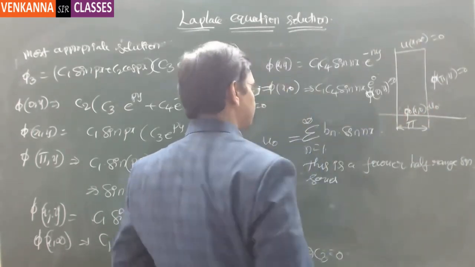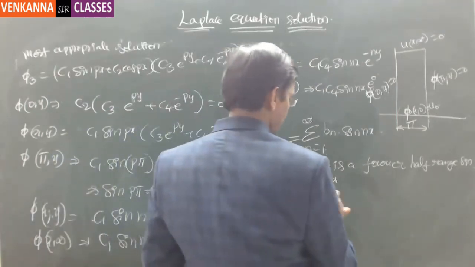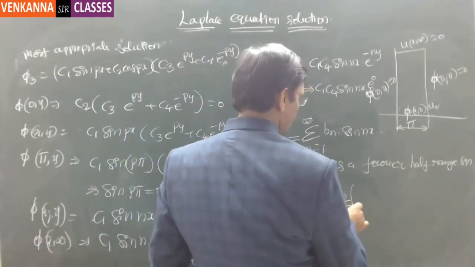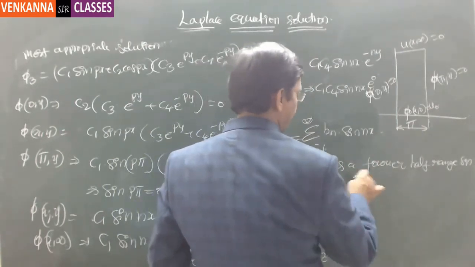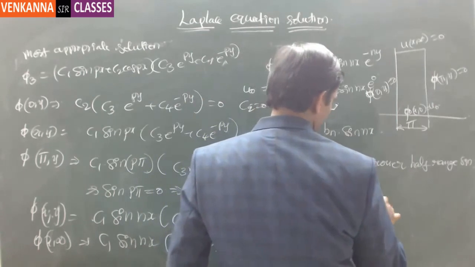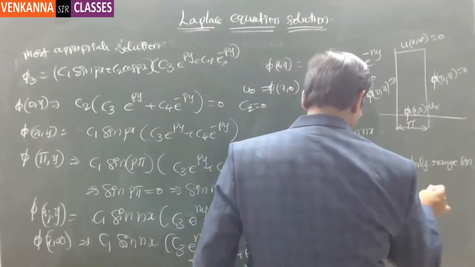Half range sine series. Now in this Fourier half range sine series, Bn value you can find out as integral 2 by pi. So the L is pi. Integral 0 to pi u naught into sin nx dx.